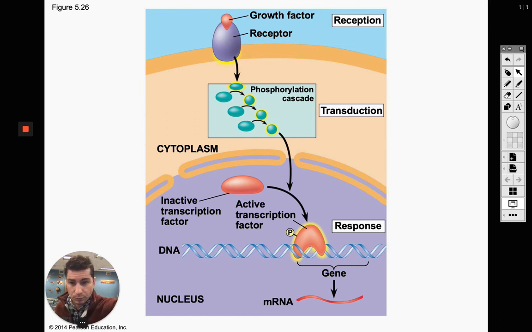So once we get our phosphorylation cascade, this one, we're going into the nucleus here. Whatever response it is, we're going into the nucleus. We are activating this transcription factor. And what this transcription factor is going to do in this example is convert our DNA into mRNA.